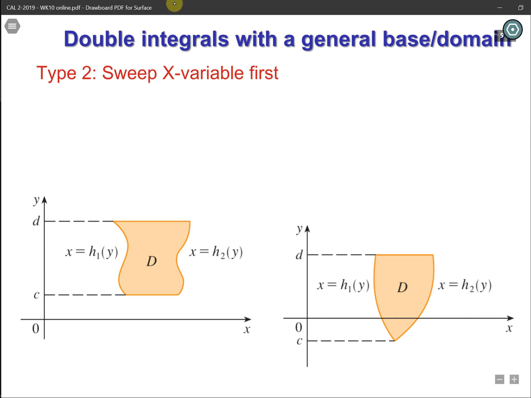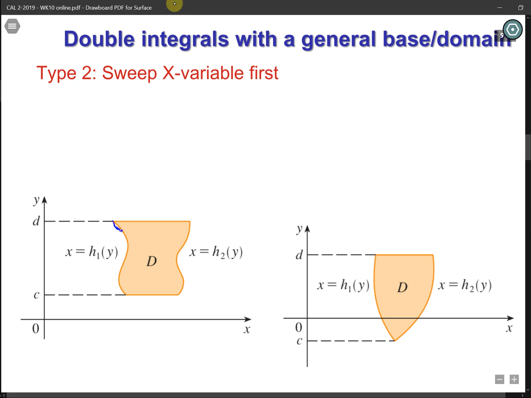Here I can see that I have one curve, one boundary on the left hand side, same here on the second graph, and I also have another curvy boundary on the right hand side.